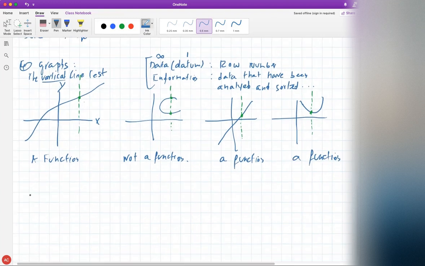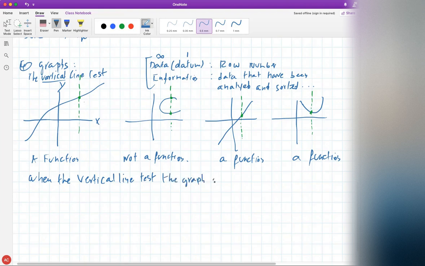So basically, let's put this in a sentence. When the vertical line test line meets the graph once only, it's a function.